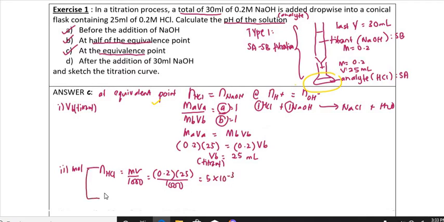And mole base, your titrant, MV over 1000, so molarity base. Volume base is volume titrant you added at equivalent point. Okay, over 1000. This is 5 exponent negative 3. This is the mole in conical flask.